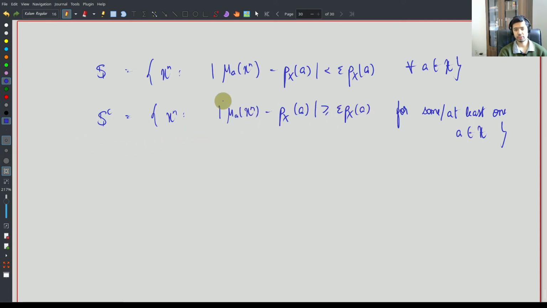So these are the conditions for violation, and this violation should happen for at least one a, right? And therefore the probability of error is the probability that you observe a sequence from S complement, which is basically the probability that this happens for at least one a.